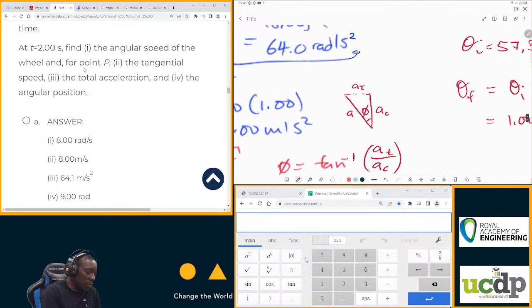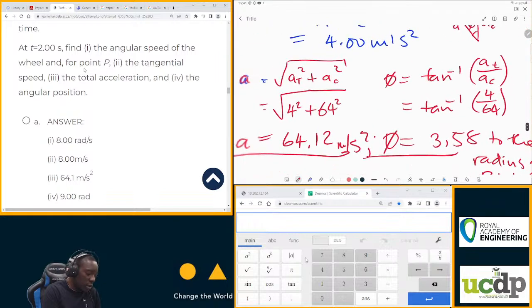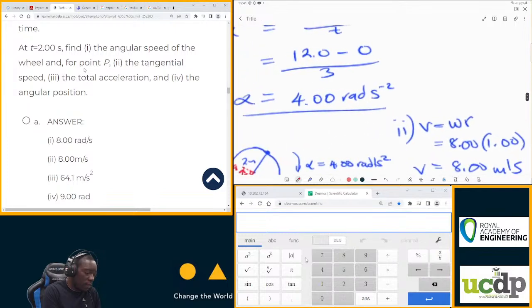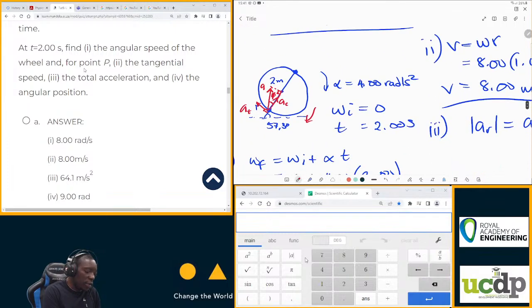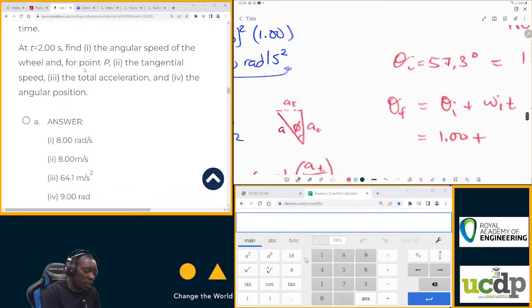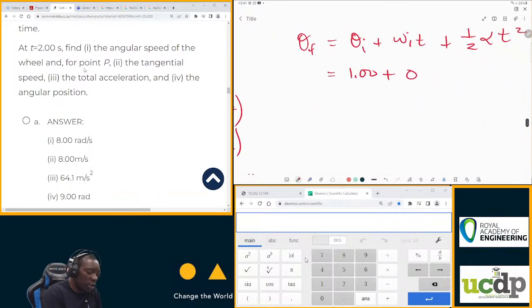omega initial. We listed omega initial somewhere. Omega initial is 0, t is 2 seconds, and alpha is 4. So omega initial is 0 plus half, alpha is 4.00, and t is 2 seconds.